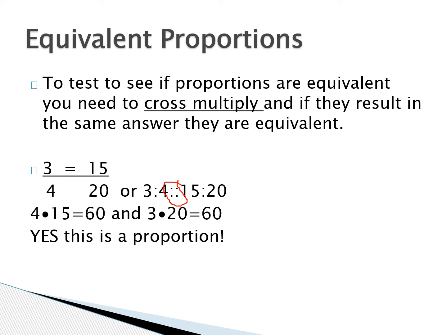Is 3 to 4 the same as 15 to 20? Well, we can cross multiply: 4 times 15 equals 60, and 3 times 20 also equals 60. So yes, this is a proportion, they're equivalent.